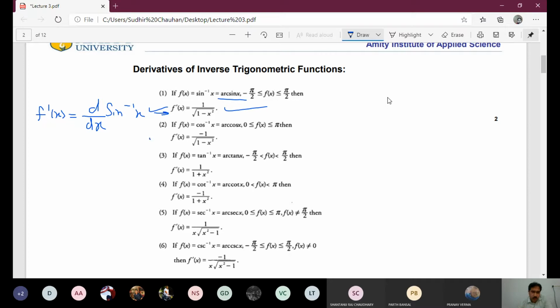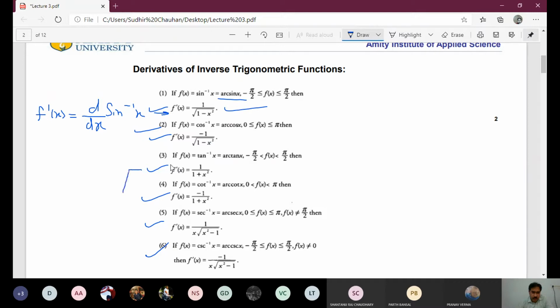So you have to remember all these formulas for inverse trigonometrical functions. Second, if f(x) is cos inverse x, then differential of cos inverse x will be minus 1 upon under root 1 minus x square. So in case of sine, it is 1 upon under root 1 minus x square, and in case of cos, it is minus 1 upon under root 1 minus x square.